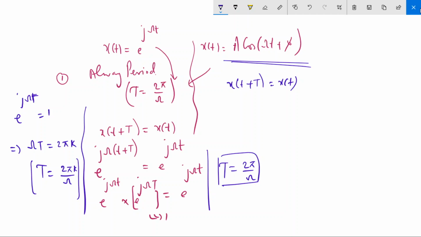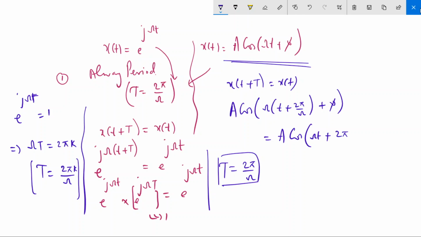Okay, or simply I put this t here. It means it will become a cos of omega t plus capital T. So t plus 2 pi by omega plus phi. It will become again a cos of omega t plus, this omega gets cancelled, you will get 2 pi plus phi.